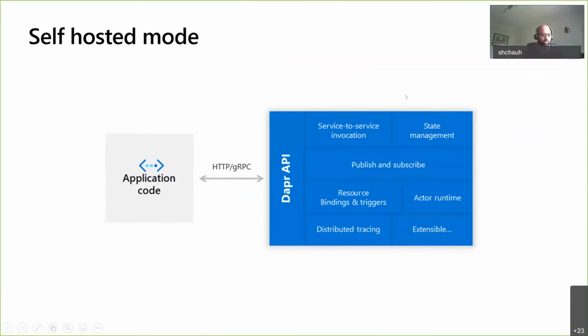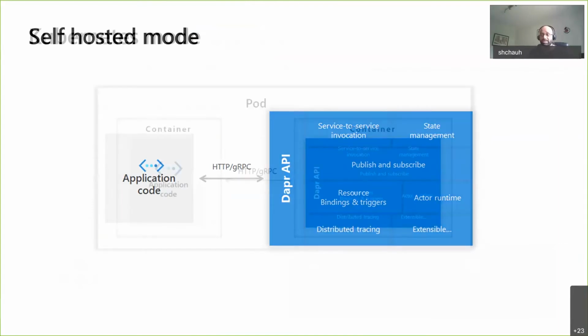Dapr runs in two modes. One is the self-hosted mode, and another is the Kubernetes mode. In self-hosted mode, this is your application code, which is talking to its Dapr sidecar, and this Dapr sidecar is running as a process. You can see that it is exposing the functionality of these building blocks by standard HTTP or gRPC API.